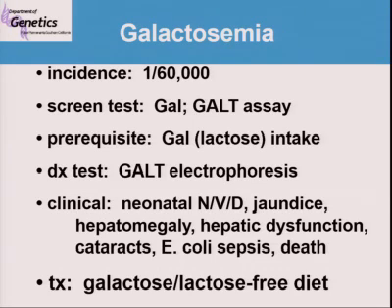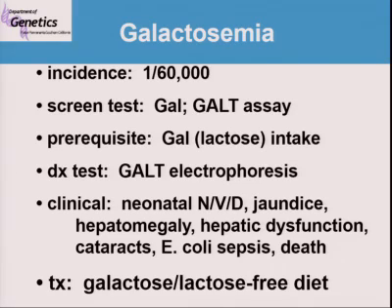They're predisposed or susceptible to E. coli sepsis and may result in early death. The treatment is trivial. It is to remove galactose and lactose, which is a disaccharide containing galactose, from the diet. It's very straightforward. But you have to diagnose it first.